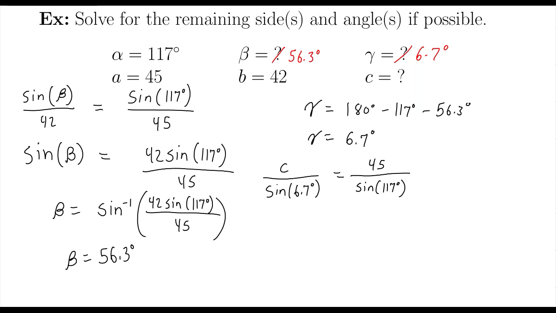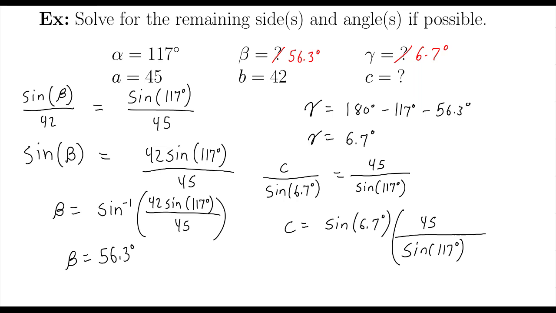So c equals, multiply both sides by the denominator, sine of 6.7 degrees. And then I'll type that in my calculator: sine of 6.7 degrees times 45 over sine of 117. And that gives me 5.9.